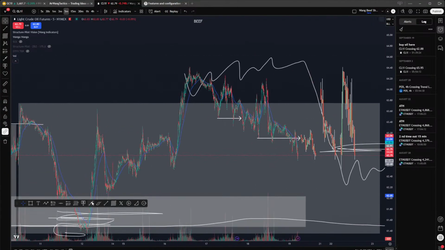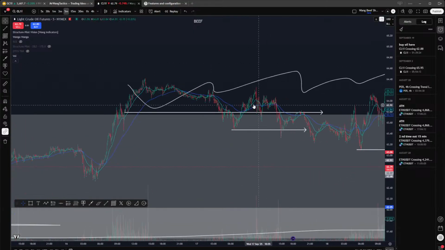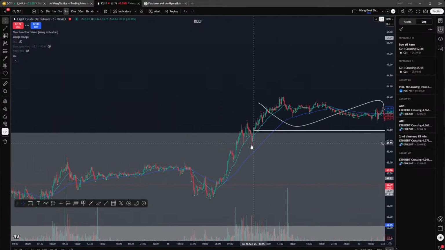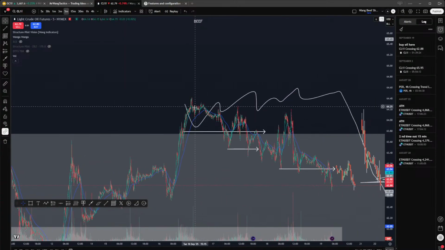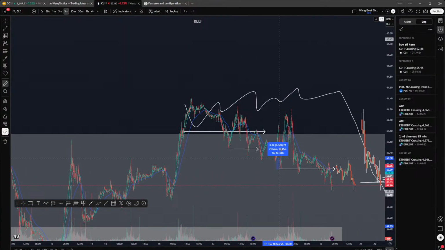This is leaving it to interpretation if I do this, but no, it's not. It's down here. How large is this up move?